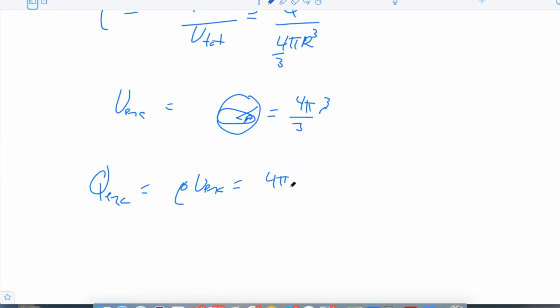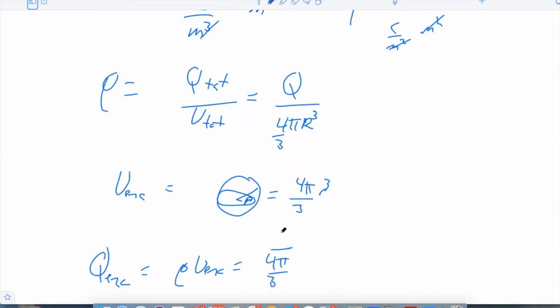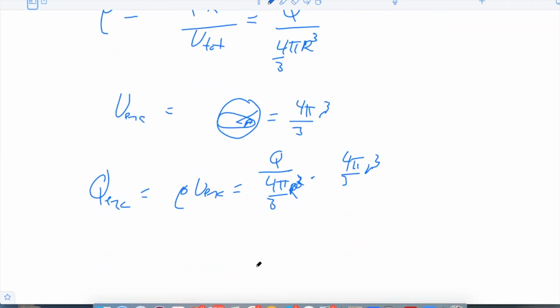That will be Q over 4/3 pi big R cubed times the volume enclosed, 4/3 pi little r cubed. Okay, so the 4/3, the pi, that all cancels. I get Q times little r cubed over big R cubed.